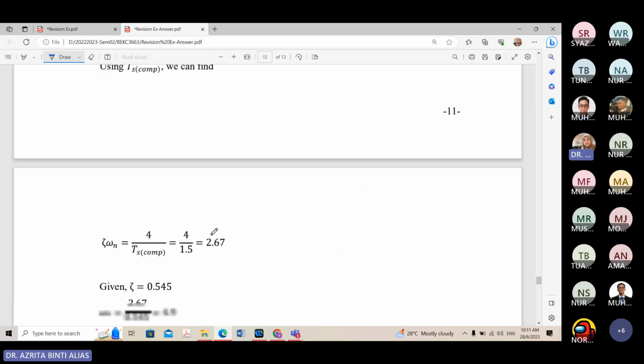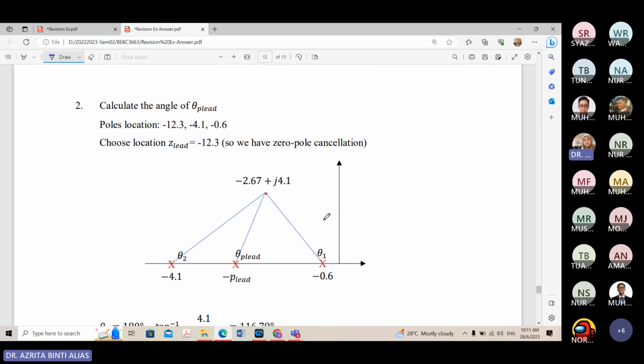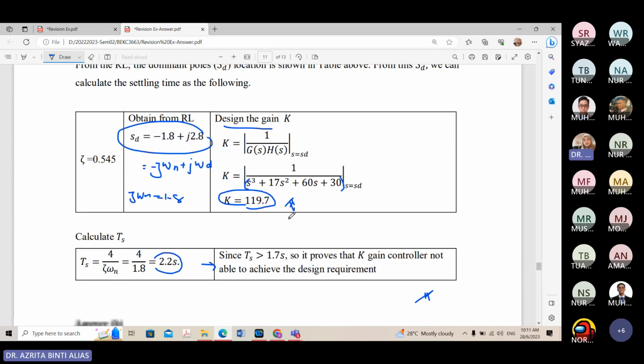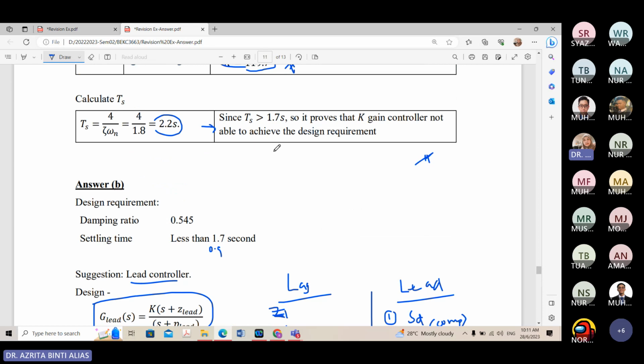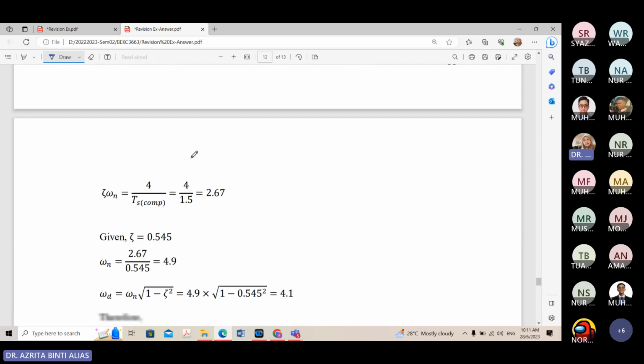Takut nanti when you design the system, you cannot get the correct angle. So kita pilih sikit je lah. Kalau dia kata less than 1.7 second, maybe you can choose 1.6 or 1.5 second. So for this example, I choose TS 1.5 second.